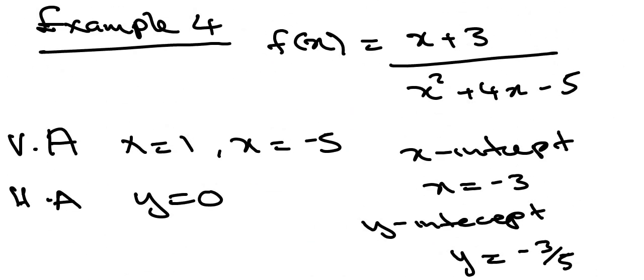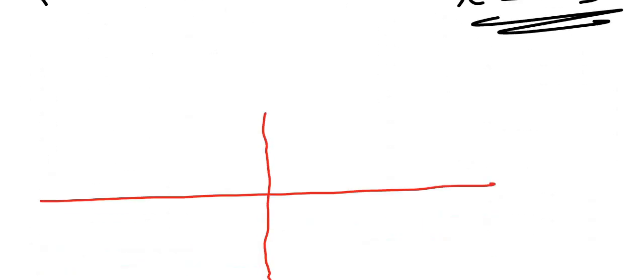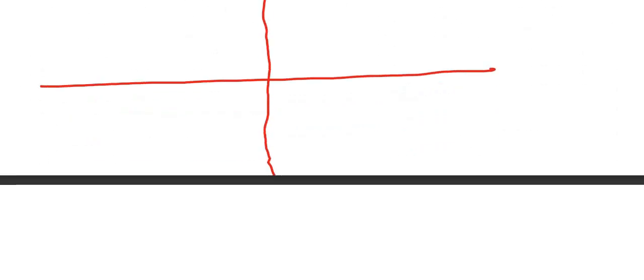So we have a 1 here, and we have a -5. Meaning we are not allowed to touch these two numbers. We should never cross them.